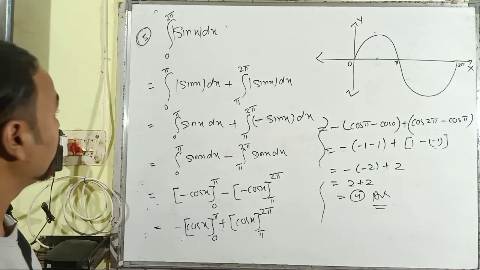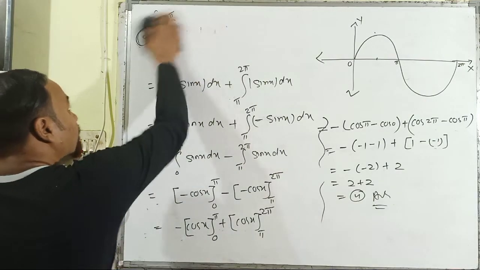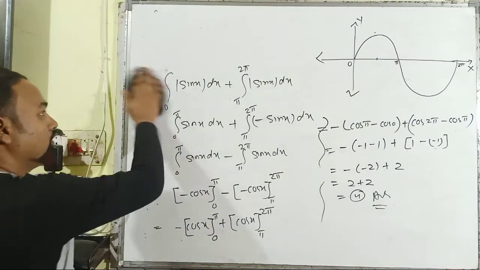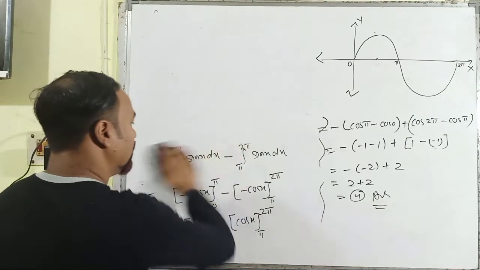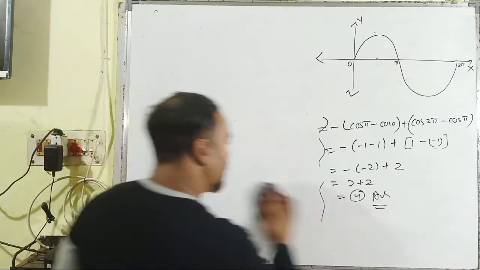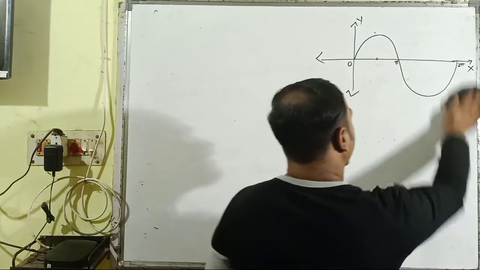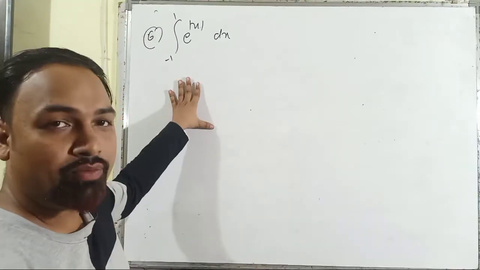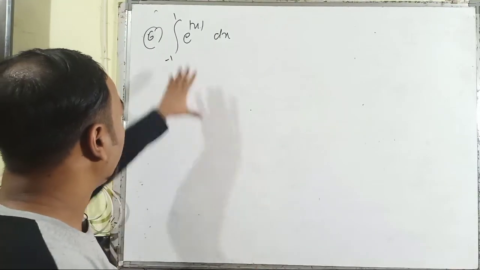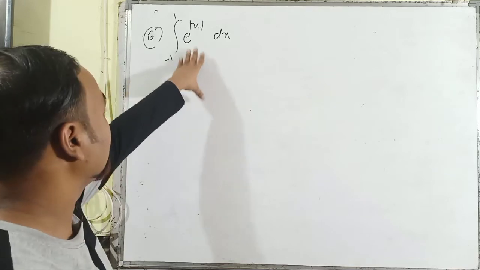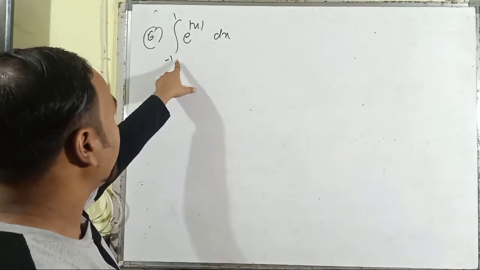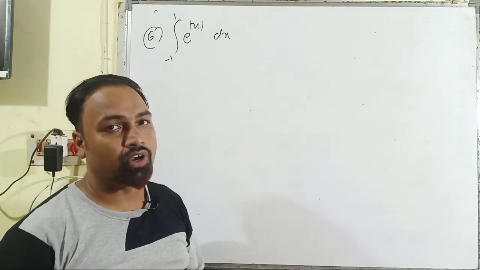Then let us move towards the 6th problem. So here it is the last problem of this current video session, the 6th problem, and the problem is very easy for you because this is the integral of e to the power modulus of x with respect to x from the lower limit -1 to the upper limit 1.